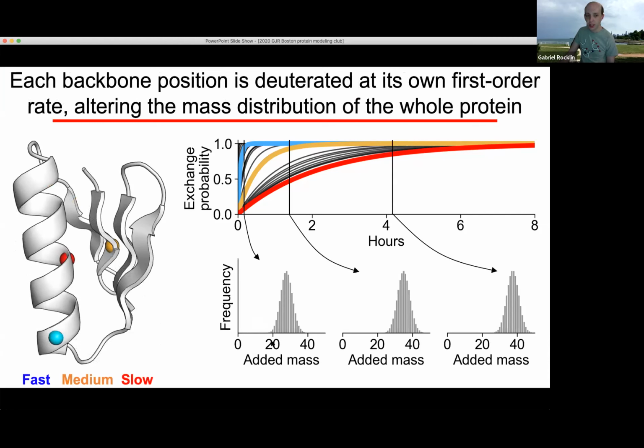So this is the mass distribution of this protein at the 15-minute time point, and a different protein has a different mass distribution at the 15-minute time point. We see that for all the proteins in the 15-minute run, and we see the 2-hour mass distributions for all the proteins in the 2-hour run.